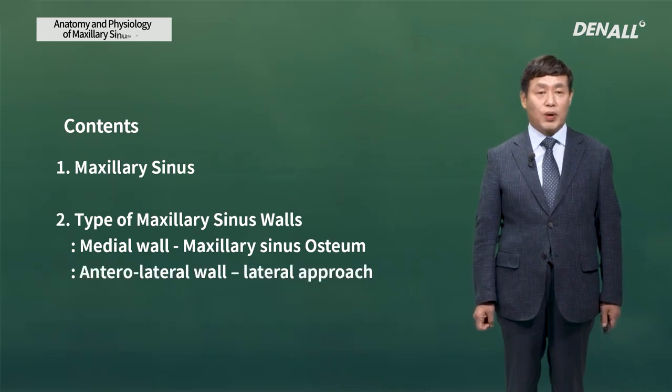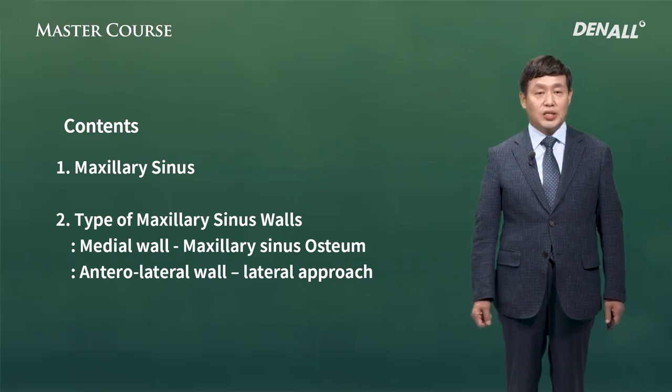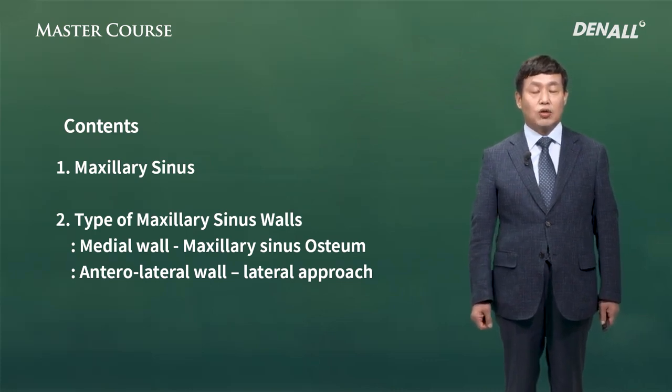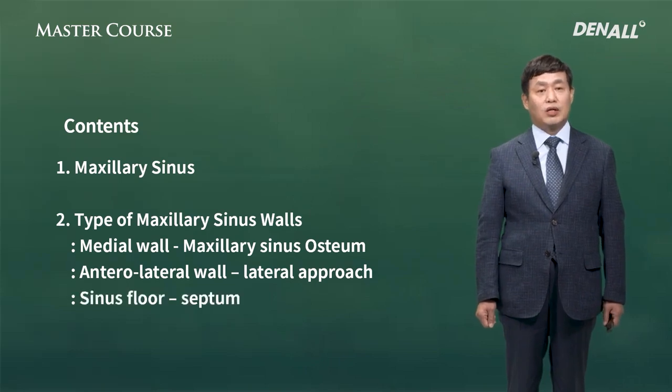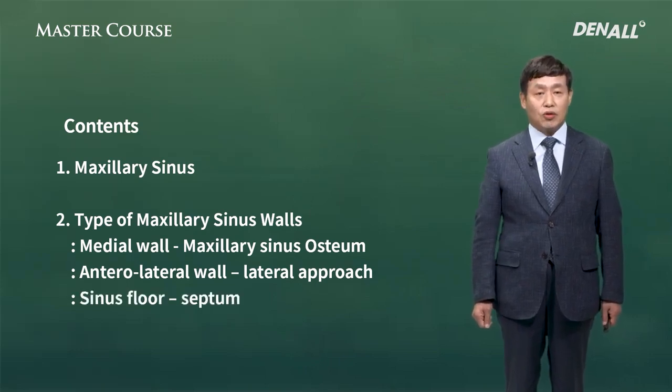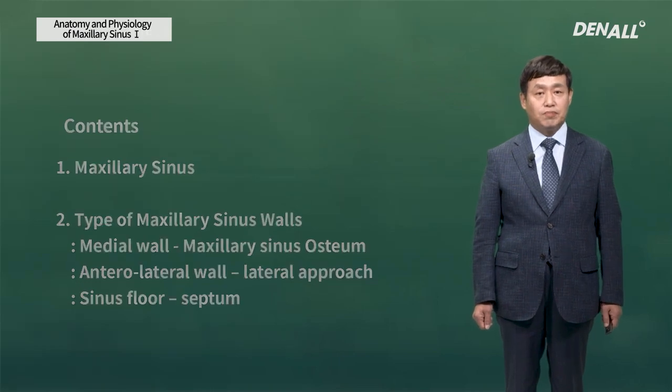And for the lateral wall, the anterolateral wall, you need to check CT images in terms of the thickness of the lateral wall for ease of surgery. For the inferior wall, if you have a septum in the sinus floor, you need to identify the location and the shape of the septum. That will help the surgery.